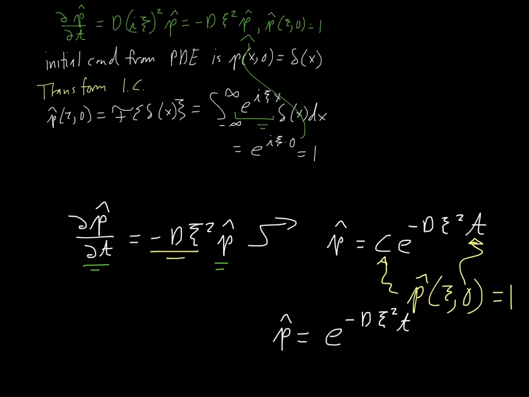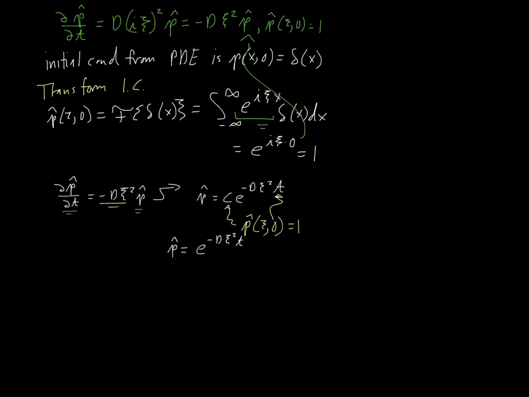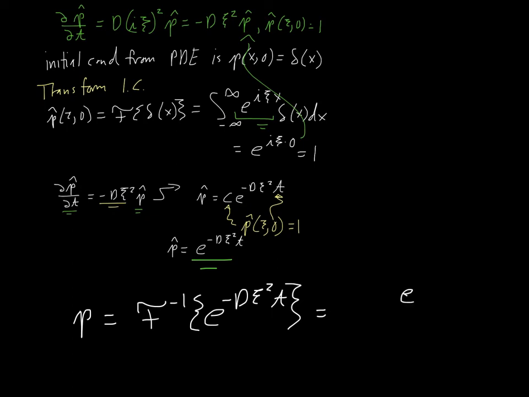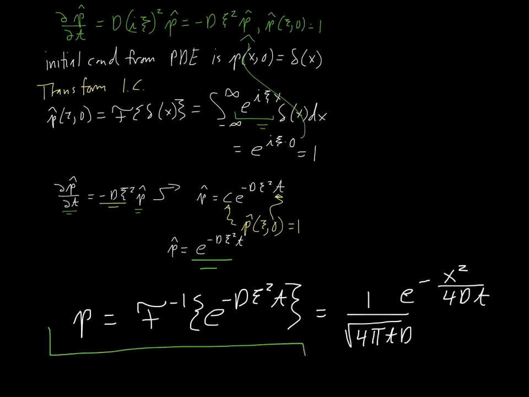We take p to be the inverse Fourier transform of this function, which, if one goes to a Fourier table, becomes e to the minus x squared over 4Dt times 1 over the square root of 4 pi D t. This ends up being our solution to our PDE.